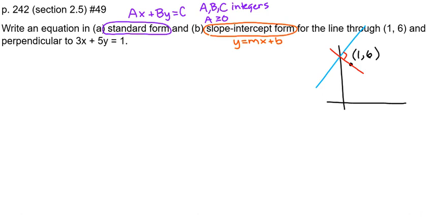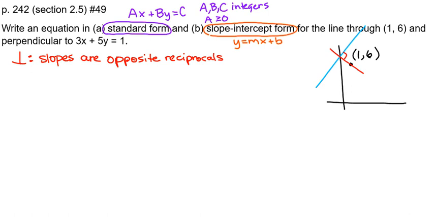What do we know about perpendicular lines? Their slopes are opposite reciprocals. So now that we've recalled all the basic information that we need to solve the problem, we can go ahead and get to work. Okay, the slopes are opposite reciprocals.